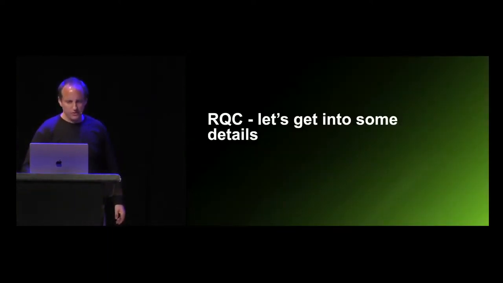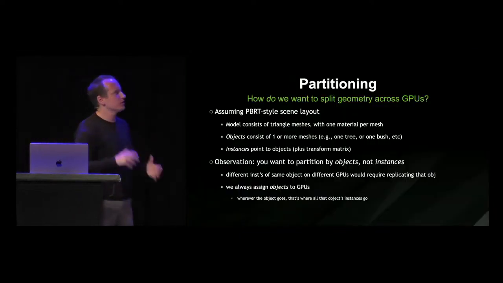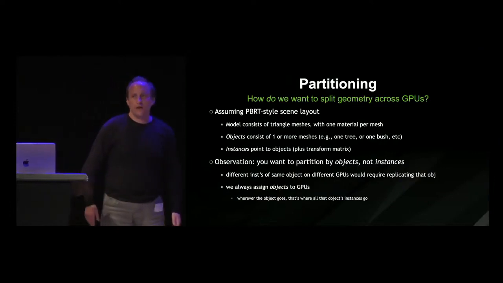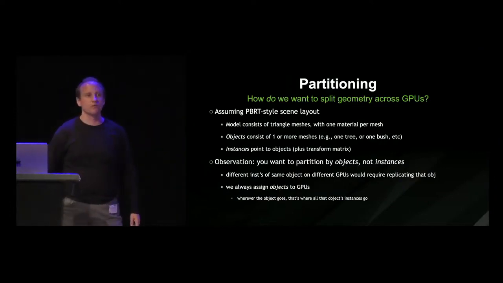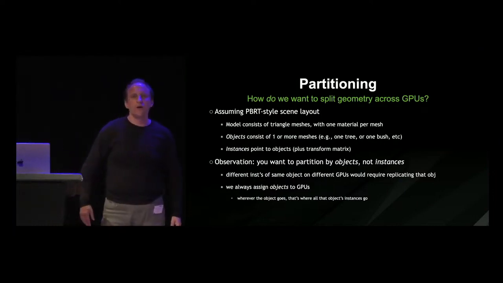Let's talk a little bit about details. The first and probably most important detail is how to partition the data. And this is also the big advantage of this method: partitioning is most simple. I earlier said triangle soup, but that's not really what the data looks like.